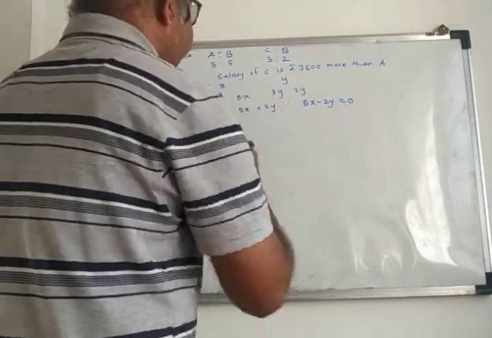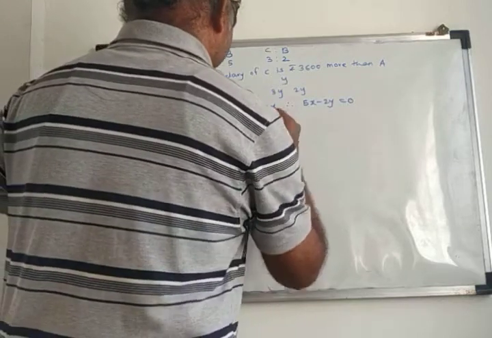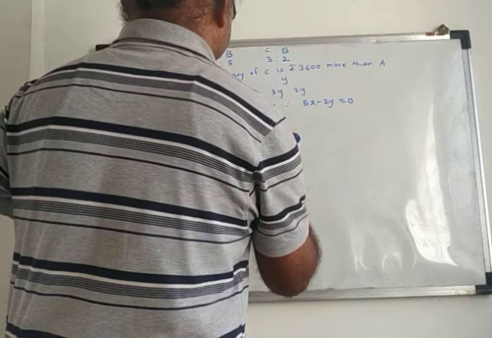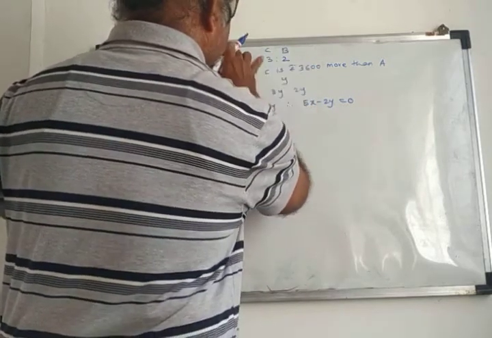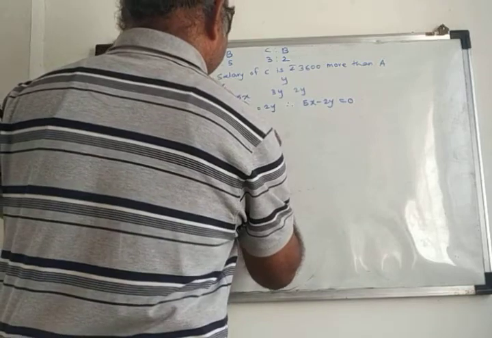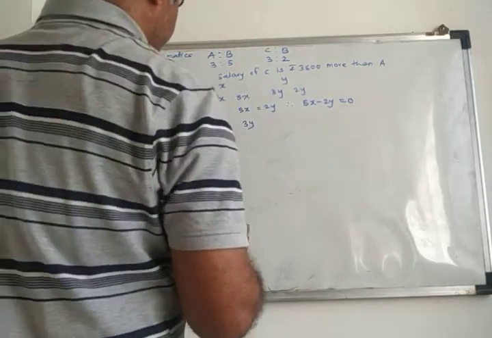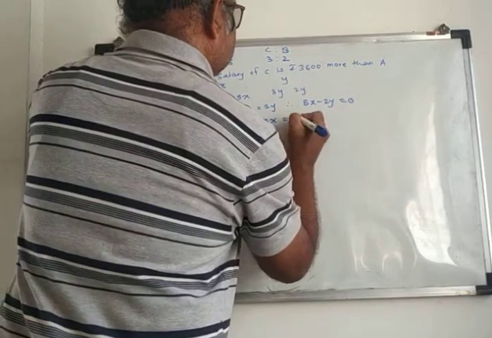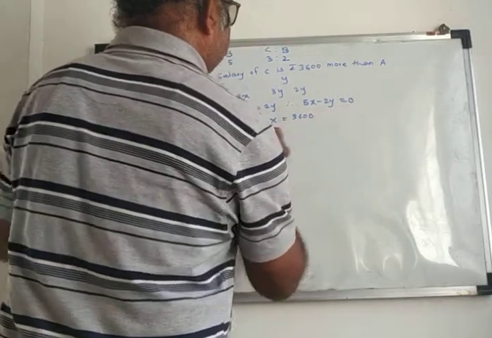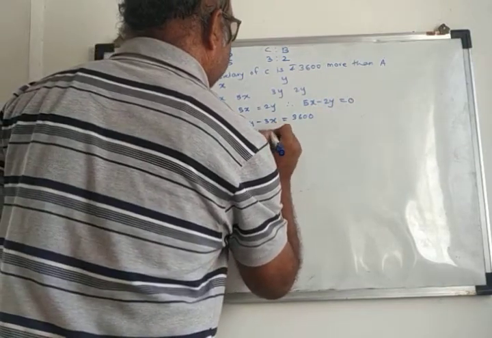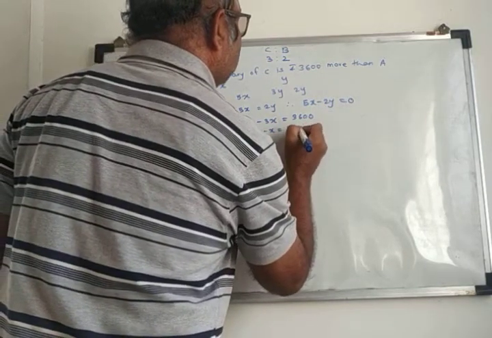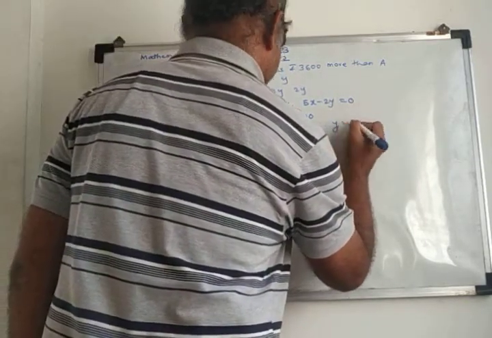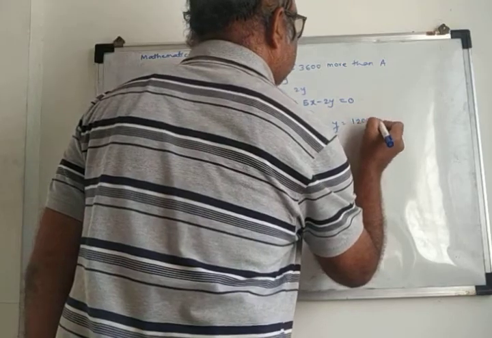And here the salary of C is 3,600 more. Again the ratio of C is 3y, and A is 3x, so 3y minus 3x is equal to 3,600. Divide this equation by 3, then we get y minus x is equal to 1,200, right? And then the value of y is equal to 1,200 plus x.